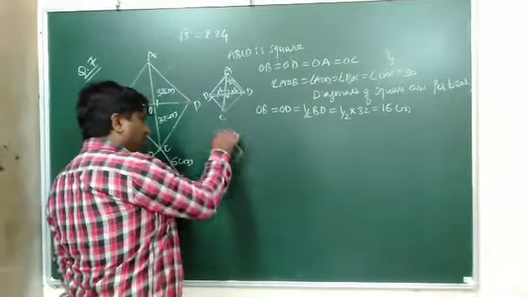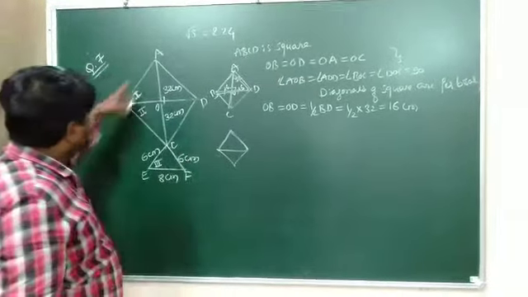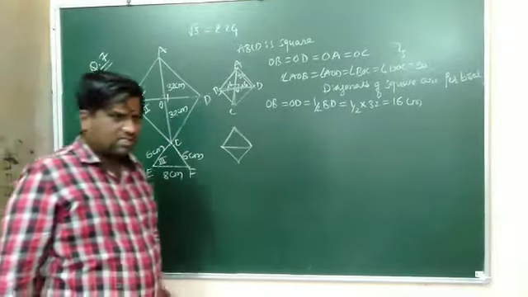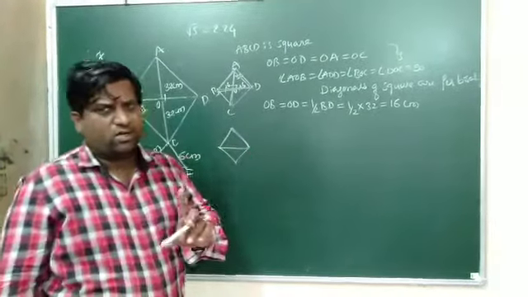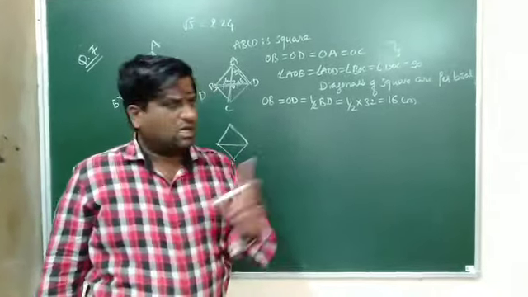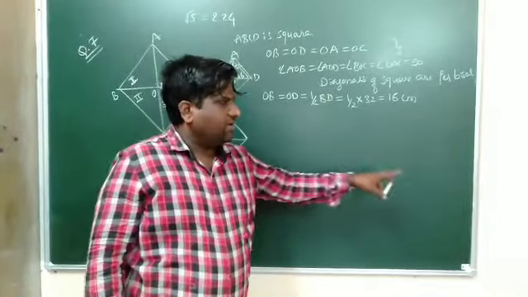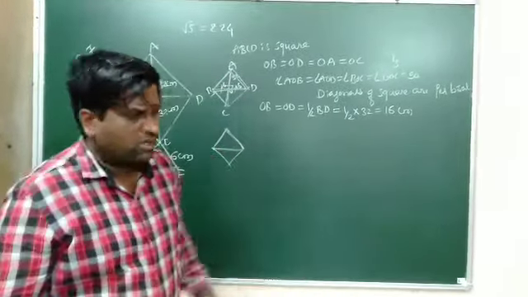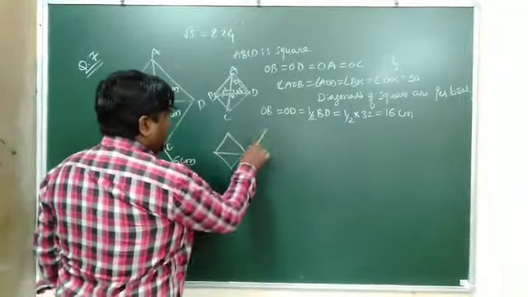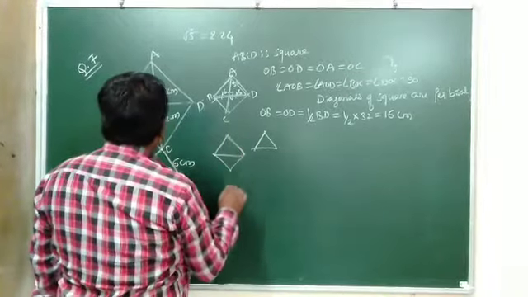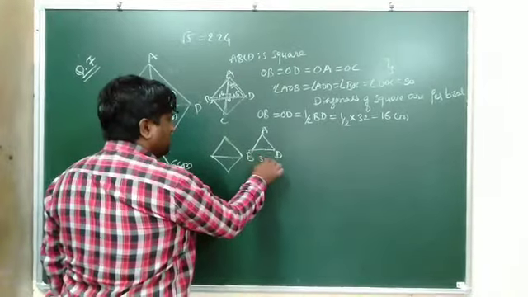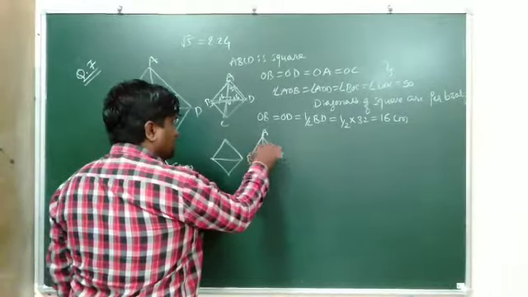So the area of this upper triangle ABD and the area of triangle CBD are both the same. You only have to find the area of any one triangle, and on that basis you are free to write the area of the other triangle as the same because of equal dimensions. So let us find the area of triangle ABD first. This is 32 and this is 16.